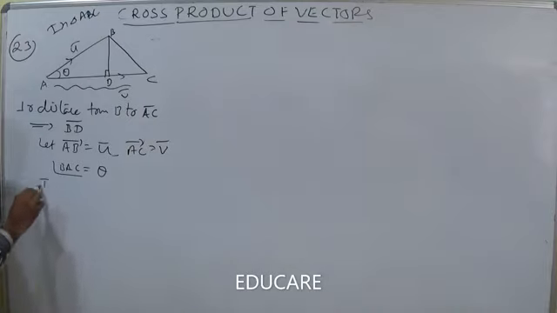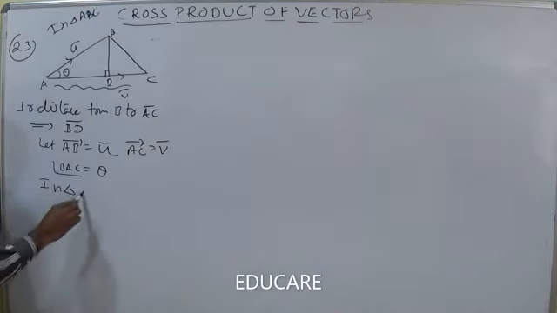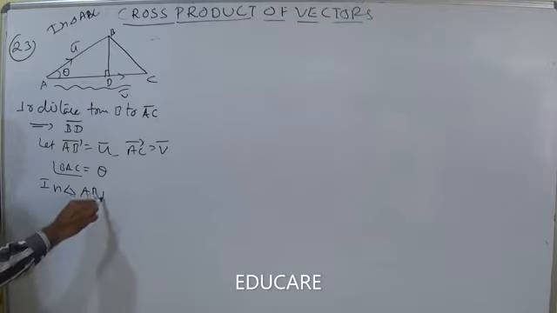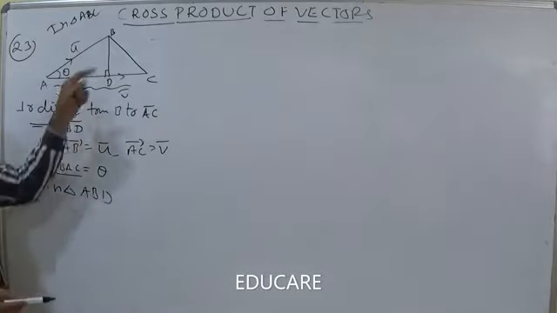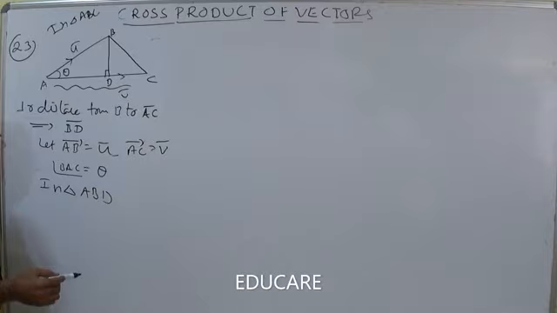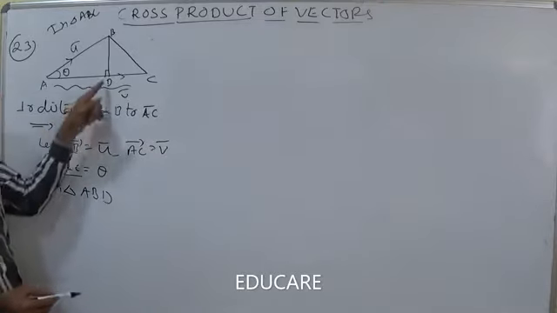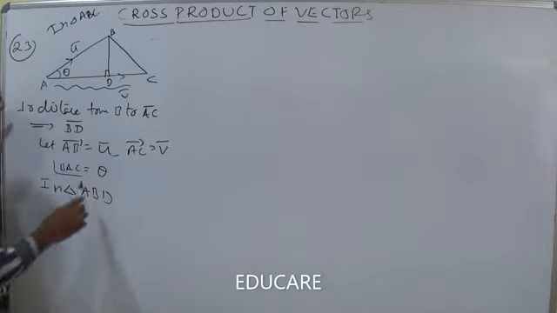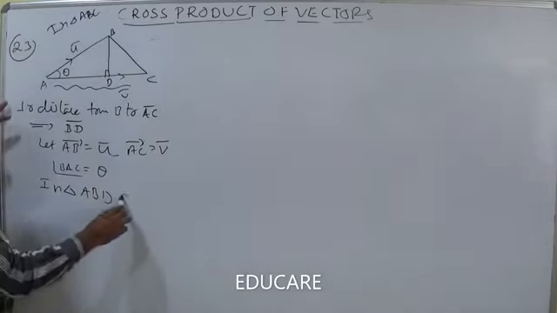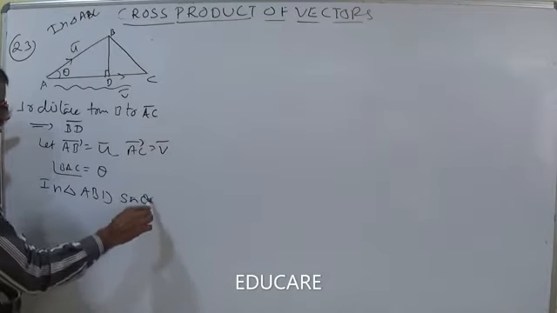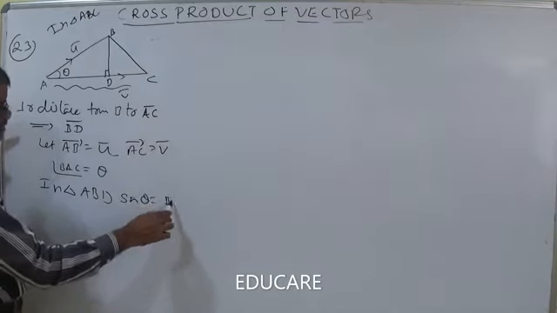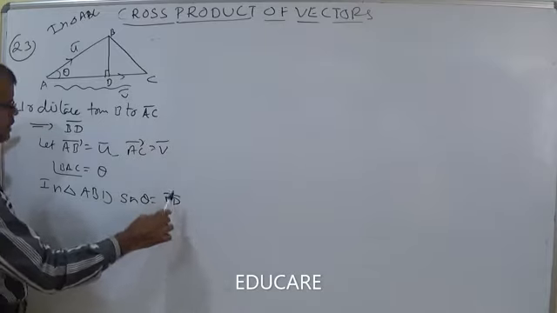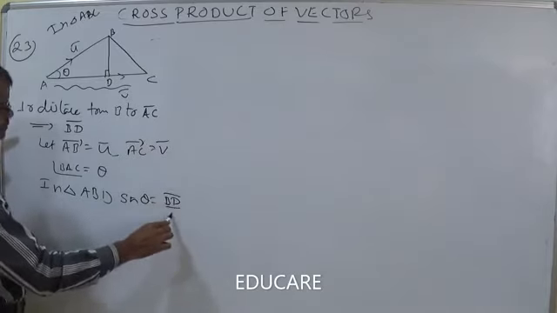Now in triangle ABD, because BD is the foot of the perpendicular drawn from B to AC, we should calculate the perpendicular distance. D is the foot of the perpendicular line drawn from B to the line AC. In triangle ABD, sin theta is equal to BD by AB.